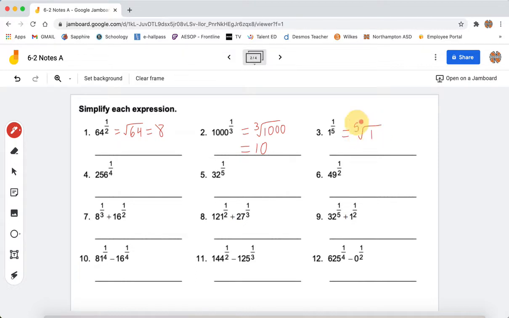We're going to have a fifth root of 1. That's just 1. 49 to the 1/2 is the square root of 49. So we get 7. 32 to the 1/5, so it's going to be the fifth root of 32, is 2.